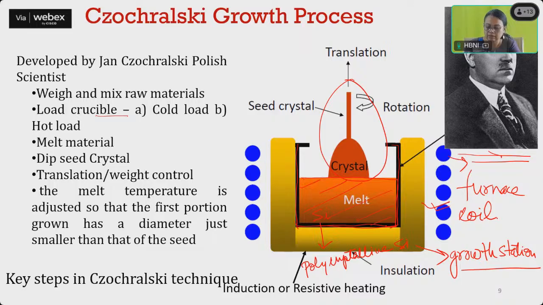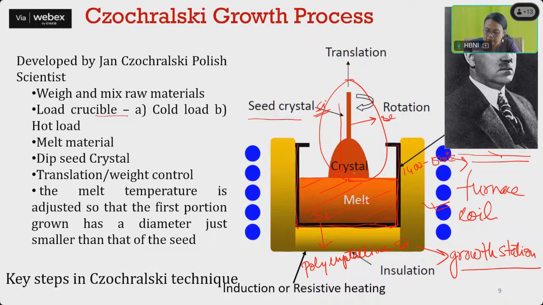Silicon melts around 1400 to 1500 degrees centigrade. And this is the seed crystal, which is also silicon. Now this is initially brought down and it touches the melt here.